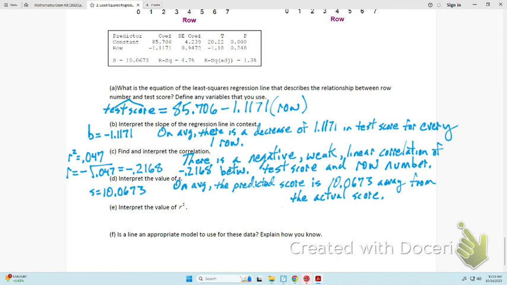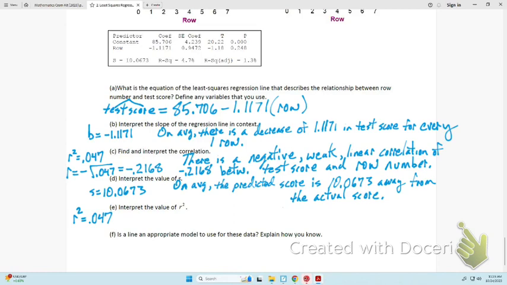We've never done r squared. We talked about it. Well, I guess we did it one time, but here we get 0.047. You could leave it like that.